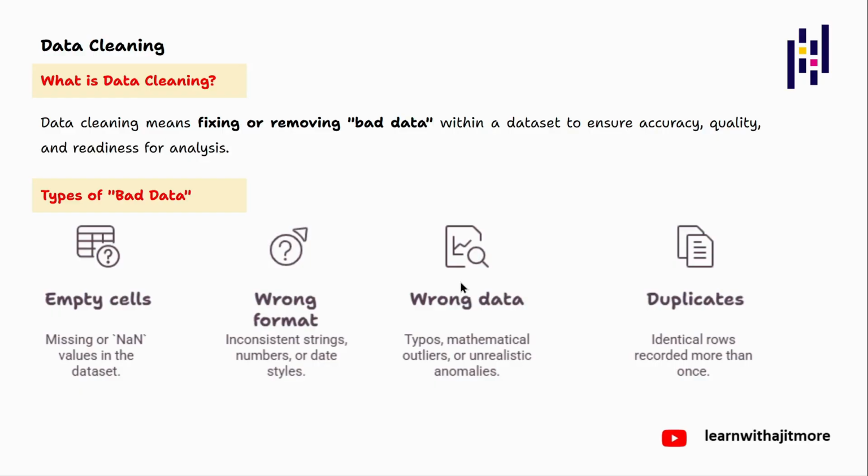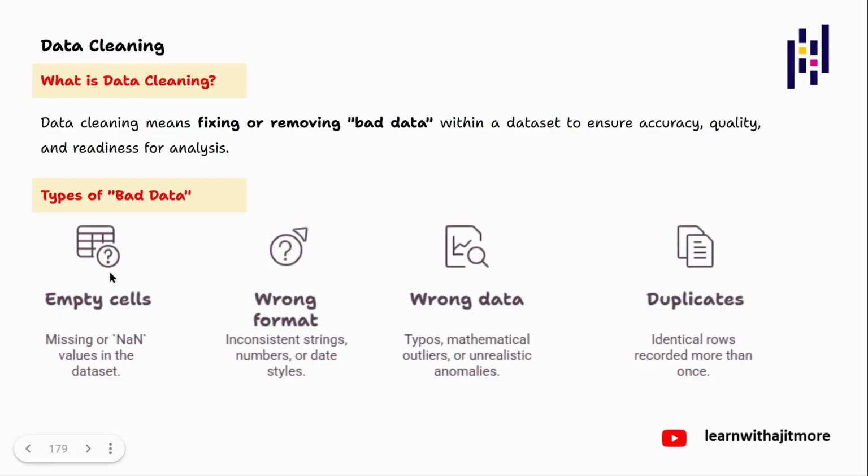In the last session, we started discussing data cleaning. I told you what data cleaning is, why to do it, the impact of doing it, and what all things come under data cleaning, if you remember.